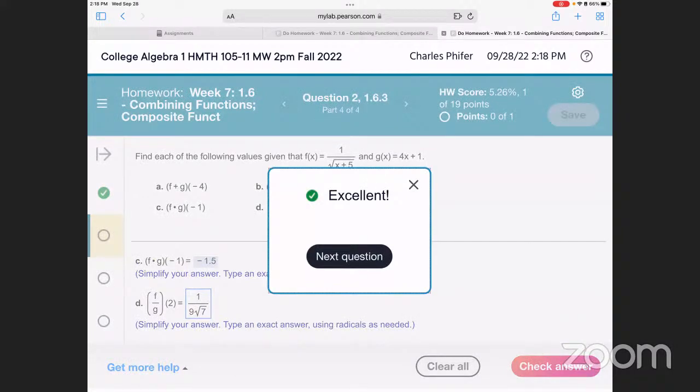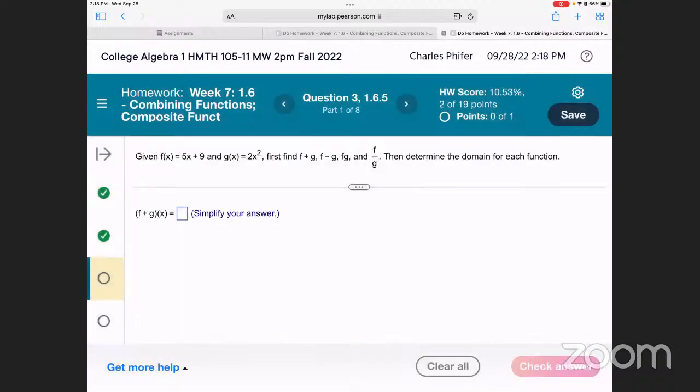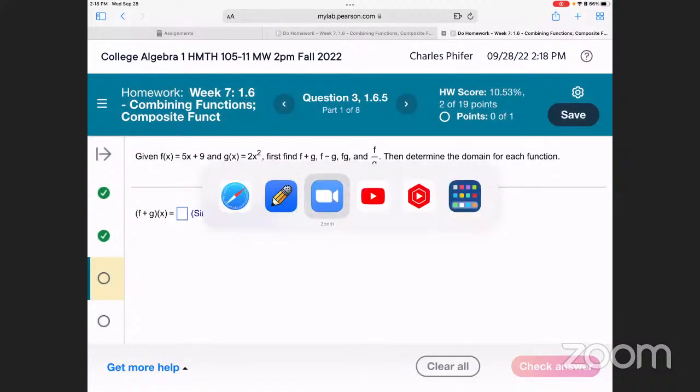Okay, so let me check. Let me go on to the next question. Let me check Zoom. Oh, we got a lot of people. Let me get these guys. It's a JK. We got a lot of interesting names.